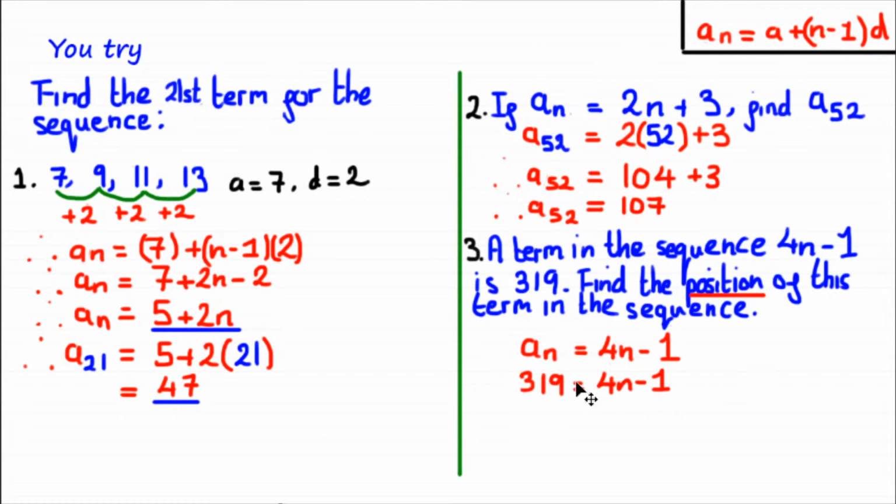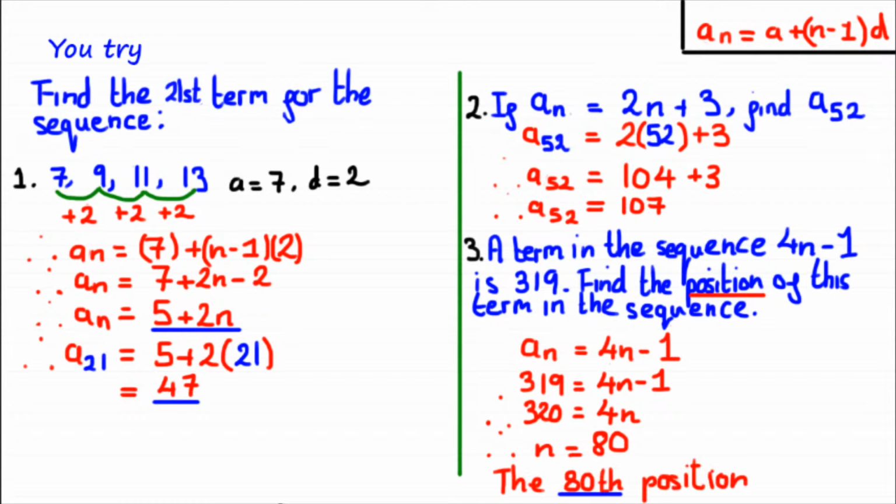Because we know that 319 is at some position equal to 4n minus 1. Now we need to find out that position, n, okay? So we can simply do that by rearranging the equation and solving to get n is equal to 80, and therefore the 80th position is where the value of 319 occurs.